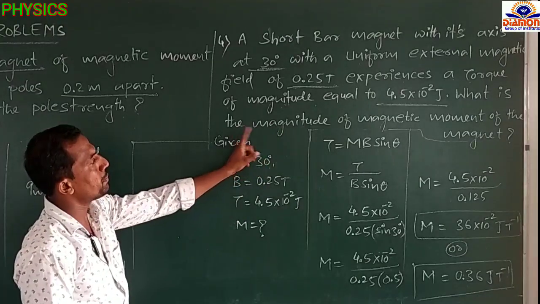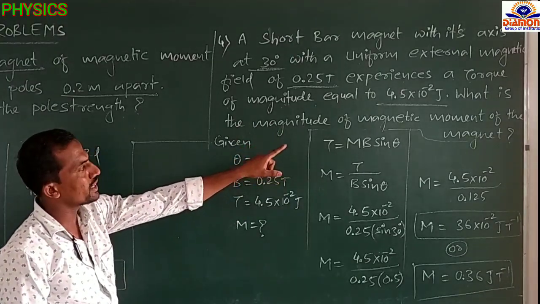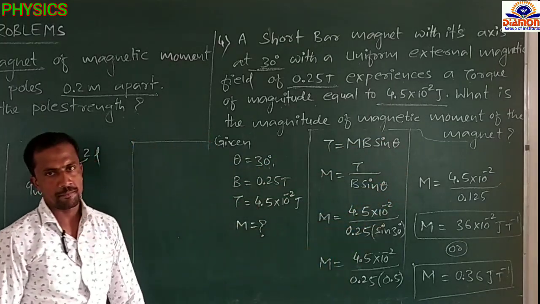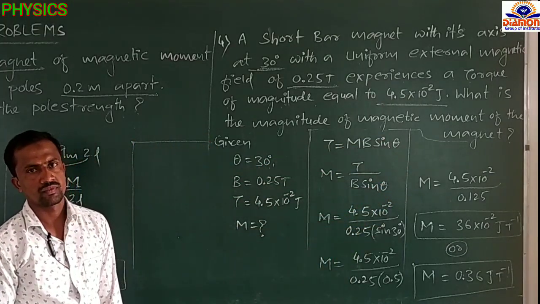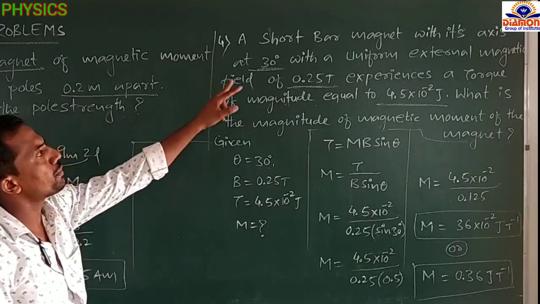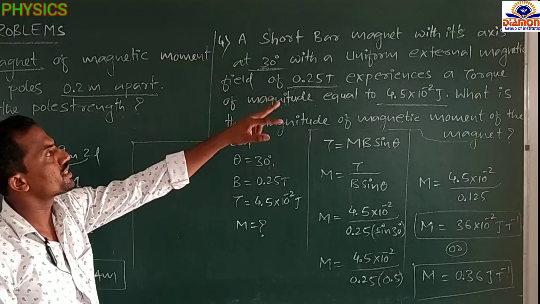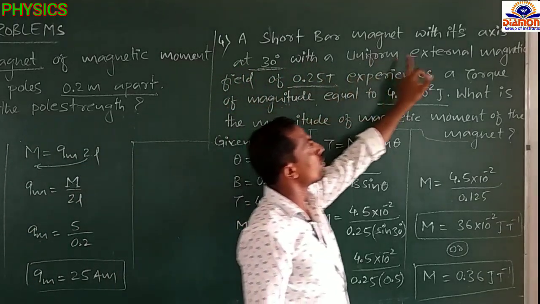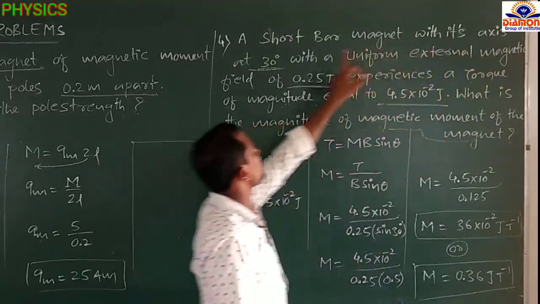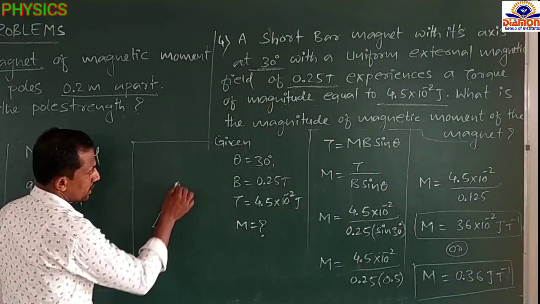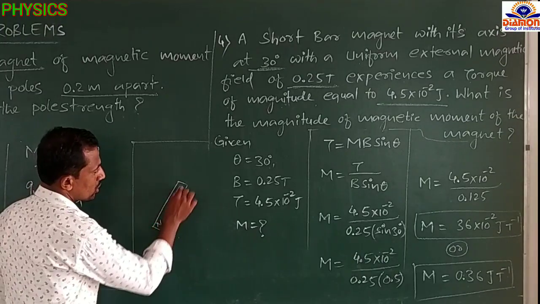What is the magnitude of magnetic moment of the magnet? In this question, first point: a short bar magnet with its axis at 30 degrees to a uniform external magnetic field. We are taking one short bar magnet, north pole and south pole.